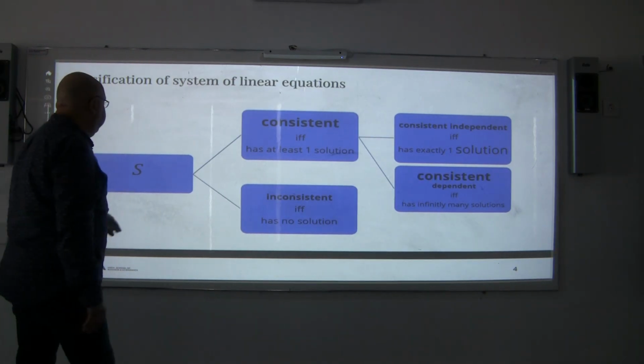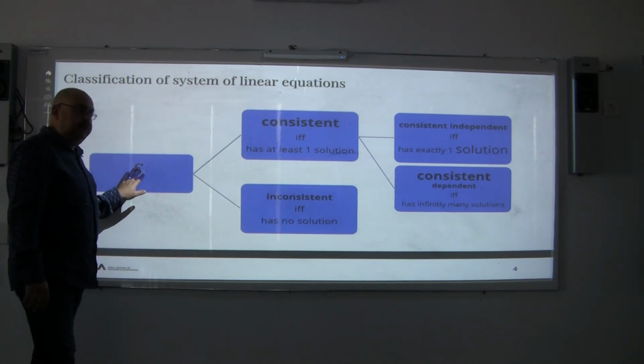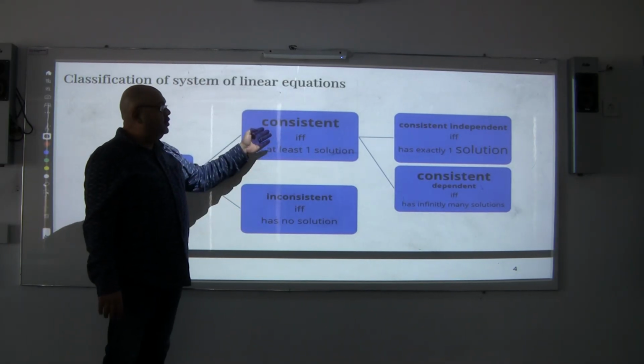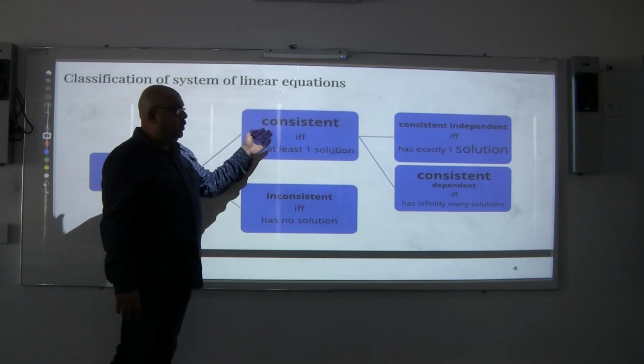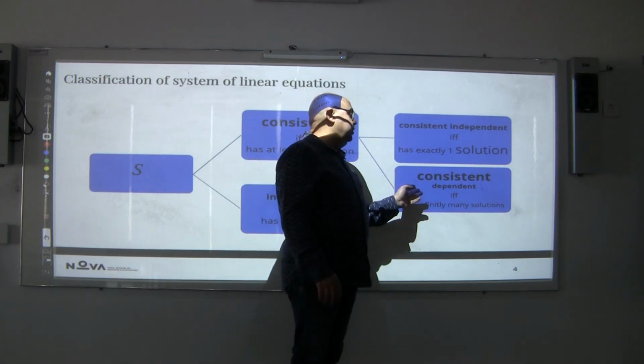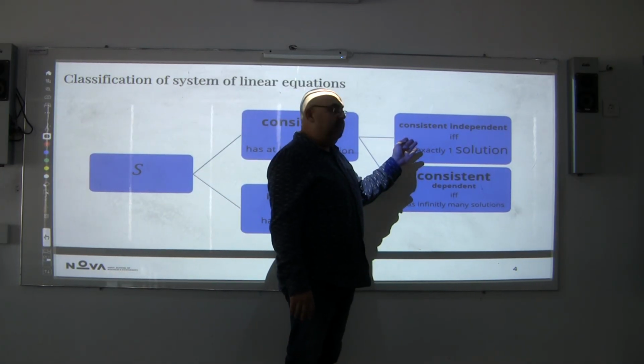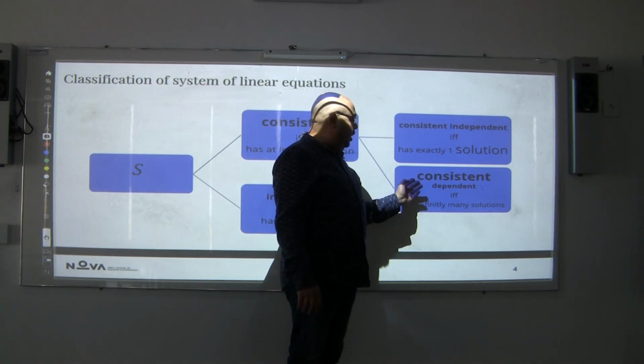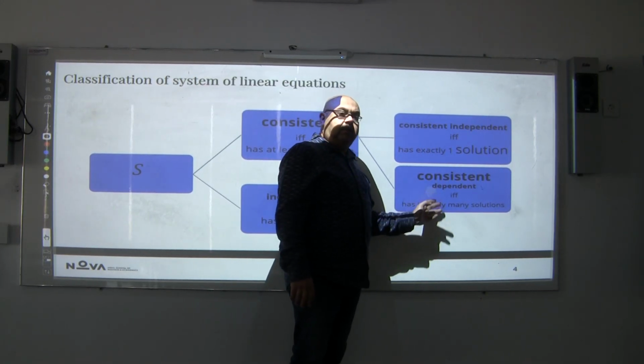In case of consistent solutions, we have two alternatives. The first is a consistent independent solution. The other is a consistent dependent solution.